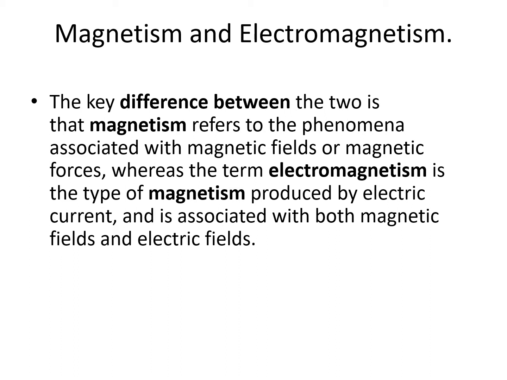It is one type of magnetism, but it is produced by the electric current. As the name suggests, electromagnetism is associated with both magnetic fields and electric fields. So this is the key difference between magnetism and electromagnetism.